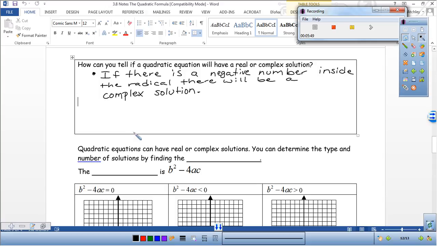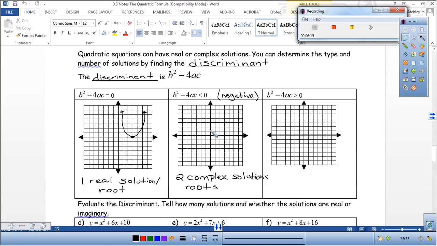What does complex mean? Okay, and if there's a negative in the radical, what does that mean? Complex. Okay, or what's another word for it? What does our i mean? Imaginary. Okay, which means it's not real, right? It doesn't really exist. Okay, so my parabola won't actually touch the x-axis. Okay, my solutions are imaginary, so they don't really exist. Any questions over that? We're all good?